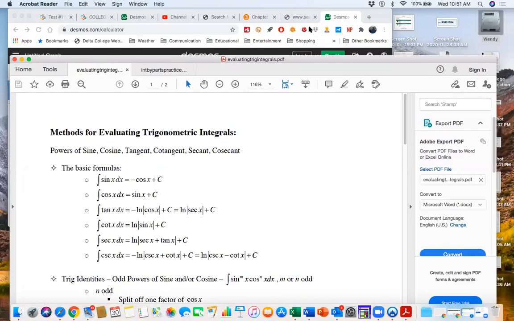So I'm going to go ahead and stop that share, and we'll share from here again. All right, so let's take a look at that next one, which was the integral of tangent. You guys said that you didn't remember that one.